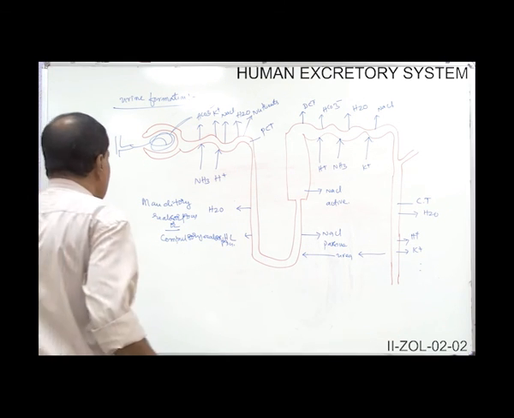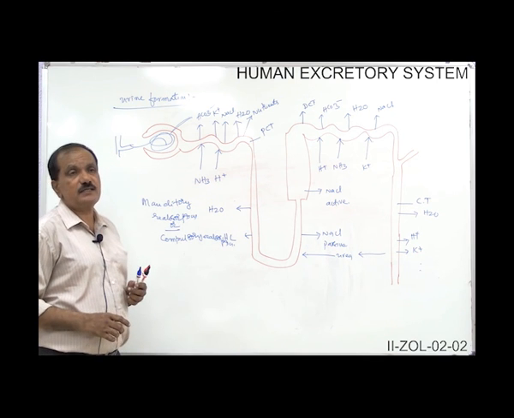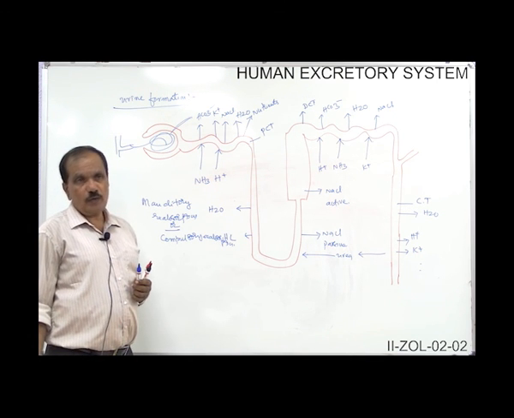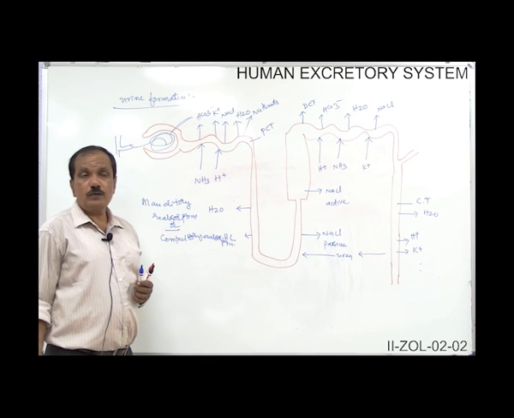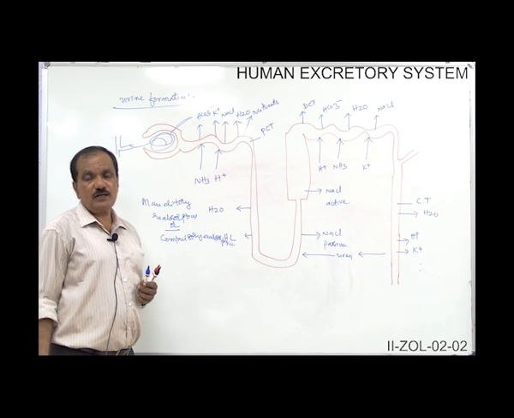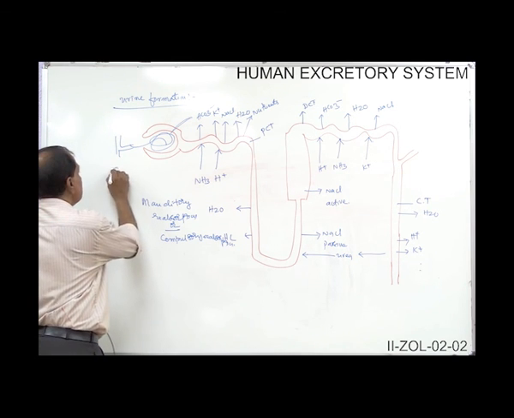Assignment for you. The assignment will be what we call the internal structure of the kidney and also the urine formation. Okay, and you also know that the kidney internal structure, which I already told to you, that will be the first assignment for you. That is the assignment.